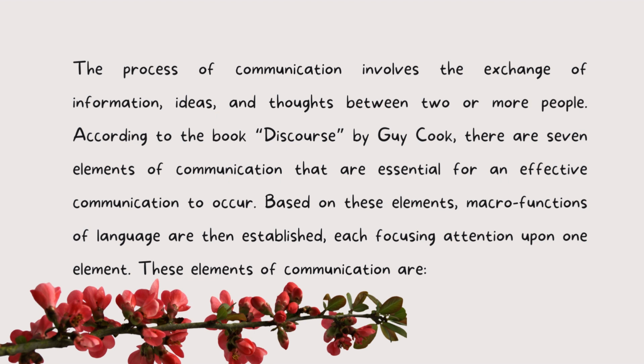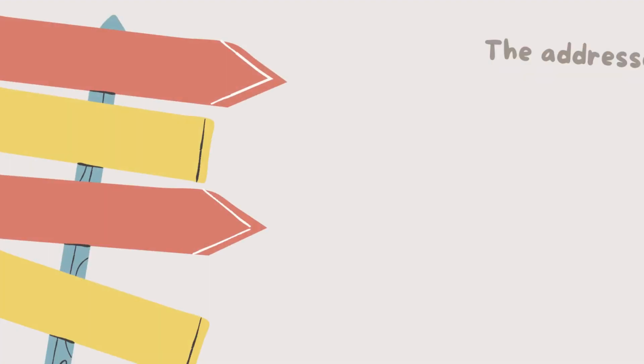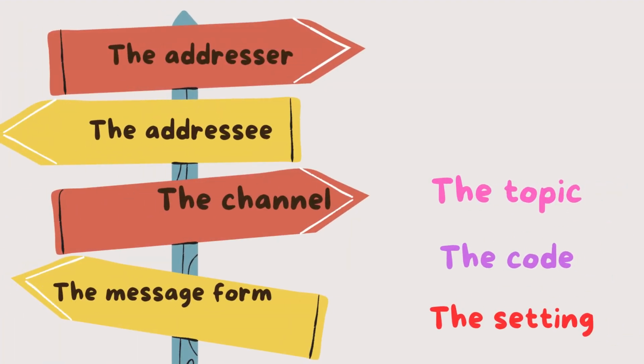Based on these elements, macro functions of language are then established, each focusing attention upon one element. These elements of communication are the addresser, the addressee, the channel, the message form, the topic, the code, and the setting. Now I will discuss these elements one by one in detail.